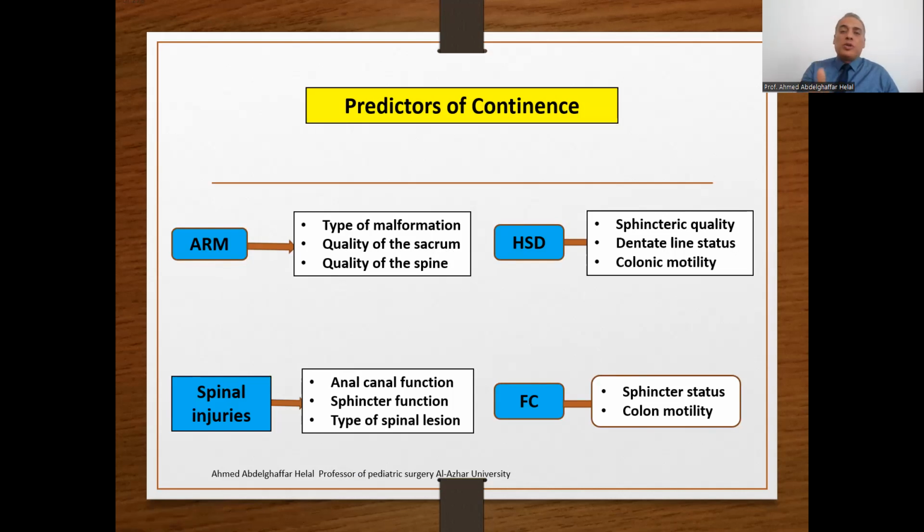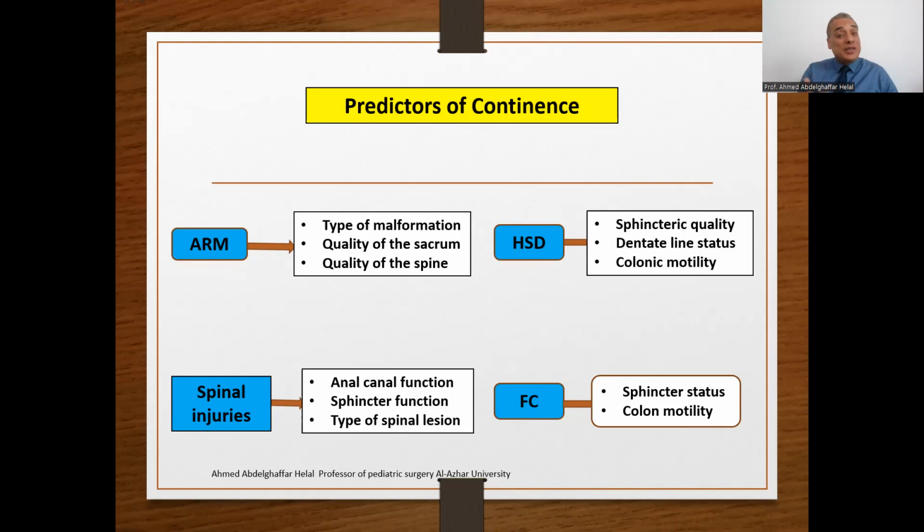Why? Because if the child has a simple malformation, like rectoperineal fistula, rectovestibular fistula, simple malformation, intact sacrum, this child most probably will have a good prognosis for bowel control.